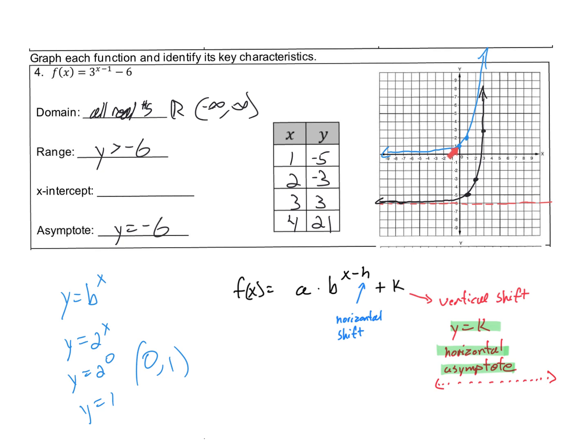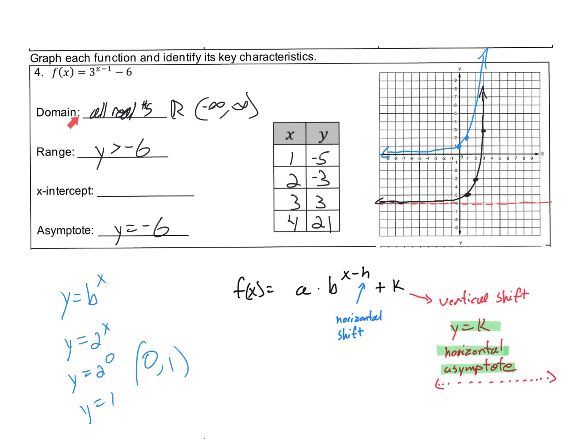It's a shift 1 unit to the right and down 6. So over 1 and down 1, 2, 3, 4, 5, 6, and there's your new point right there. And this number, minus 6, is the new horizontal asymptote, which is y equals negative 6. So this graph that you see on your calculator is approaching that negative 6. And then, of course, it's exponential growth going up.